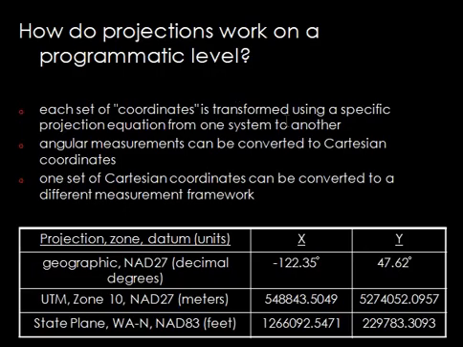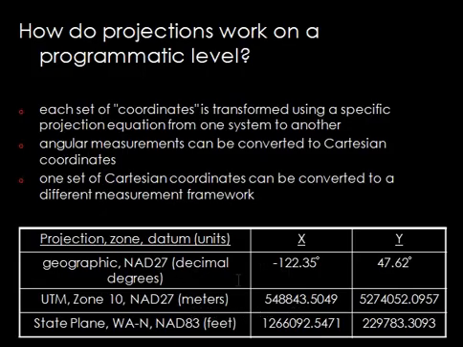How do projections work on a programmatic level? Each set of coordinates is transformed using a specific projection equation from one system to another. Angular measurements can be converted to Cartesian coordinates, and one set of Cartesian coordinates can be converted to a different measurement framework. It can be either cylindrical or spherical, etc.